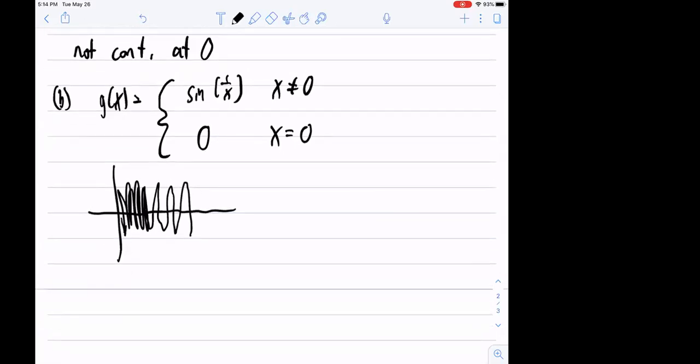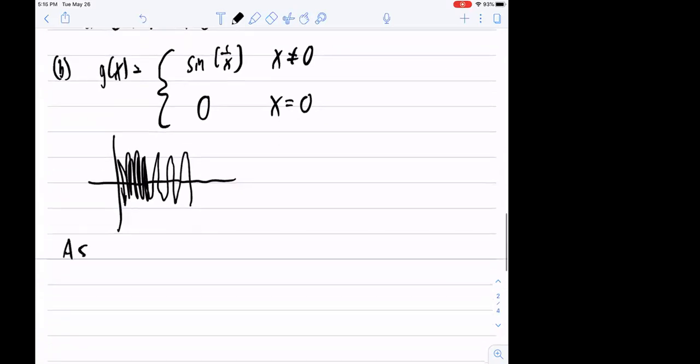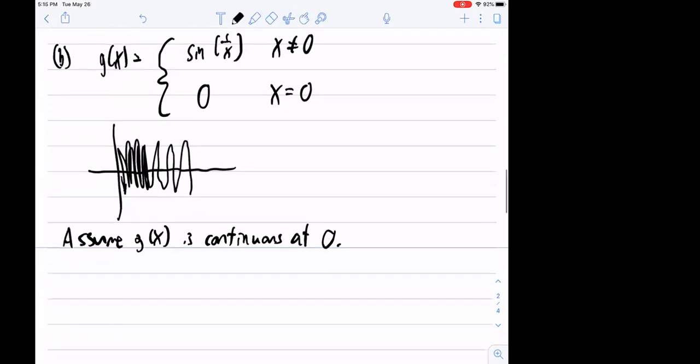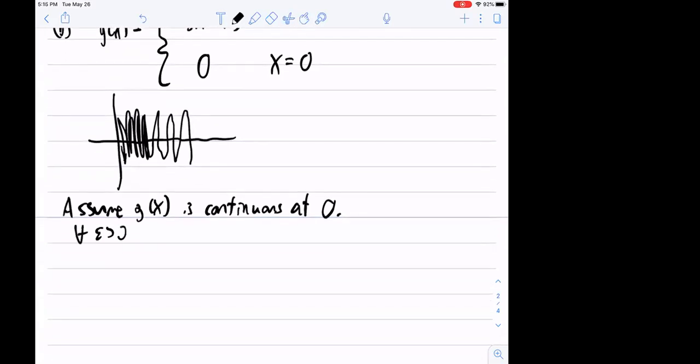So what we're going to do here is, again, assume g of x is continuous at 0. Then again, it means for all epsilon bigger than 0, there exists delta bigger than 0, such that if absolute value of x is less than delta, what is my function here?